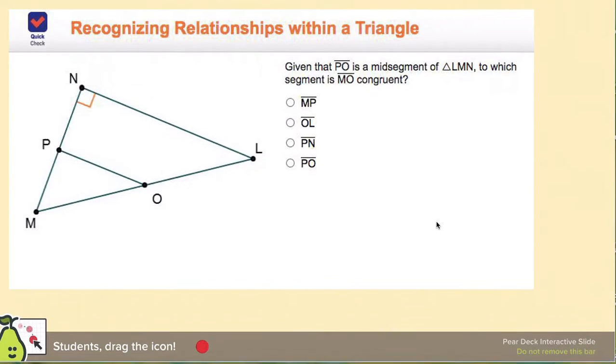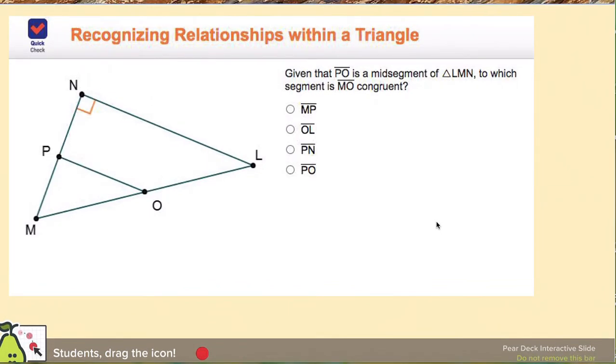Here is a typical problem using midsegments from Edgenuity. Given that PO is a midsegment of triangle LMN, we've got to use our vocabulary. Midsegment means that P and O are midpoints. Midpoint means halfway along the segment, so if P is a midpoint, then MP and PN are equal. And if O is a midpoint, then MO is equal to OL.